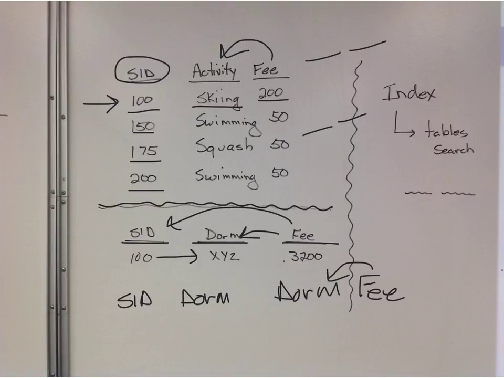Fee is dependent upon which dorm, and then the student, what kind of relationship would that be? Probably a 1-to-1. Okay. Well, no. The student to one dorm, but the dorm to many students. Many to one. Many students live in the dorm. Alright.